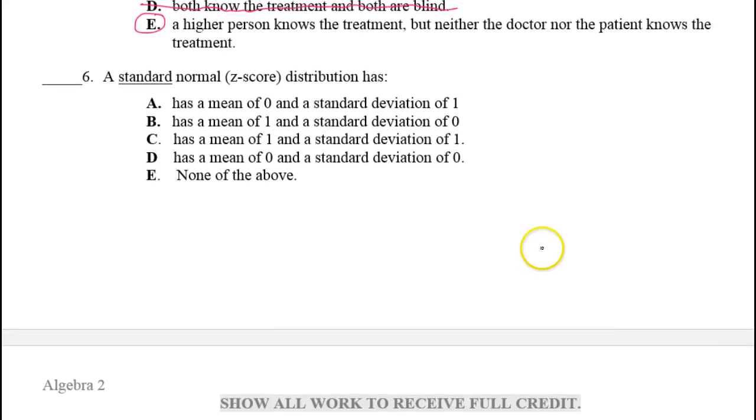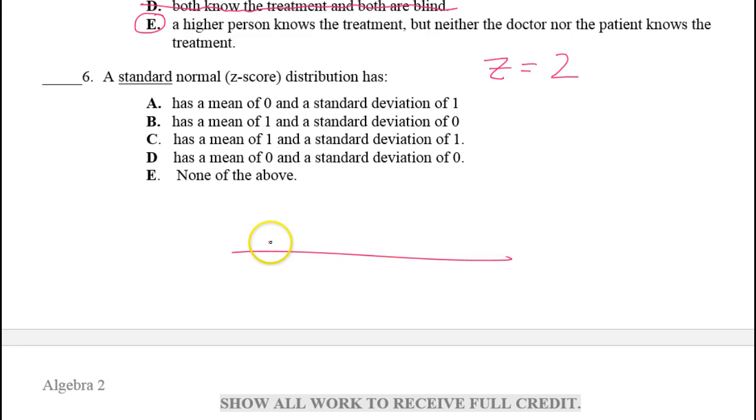Okay, and finally, standard deviation. We'll go into more detail on this later, but standard deviation or z-score, if you say somebody has a z-score of 2, it means whatever value we're talking about, if their height has a z-score of 2, it means their height is 2 standard deviations above the mean.